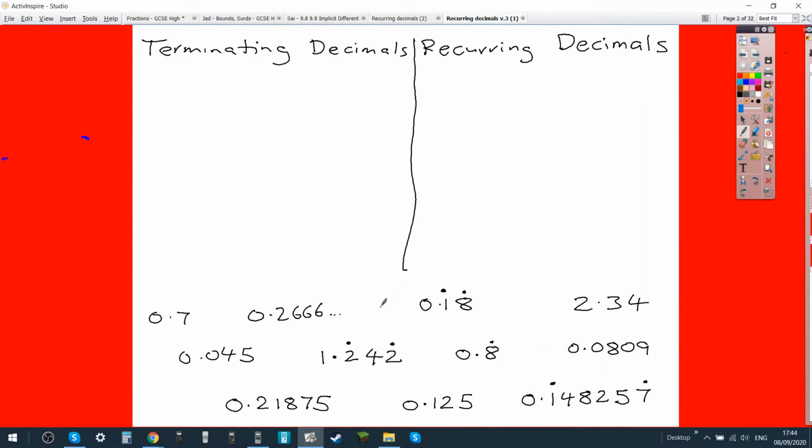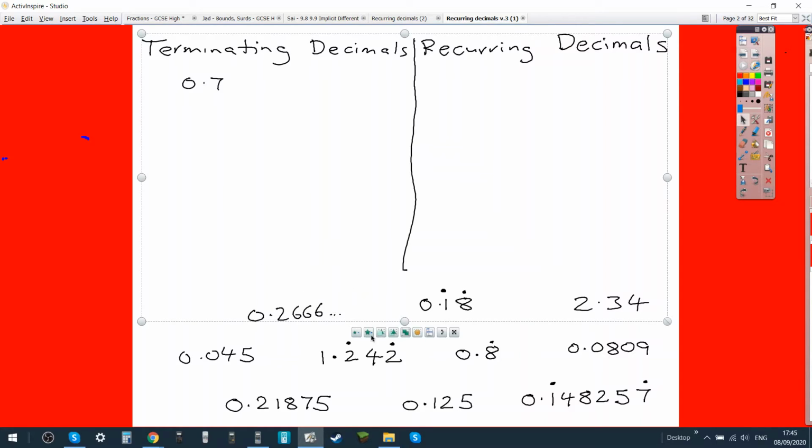Okay, so these ones down here, is it recurring or terminating? 0.7 is terminating. Yeah. 0.266 is recurring.